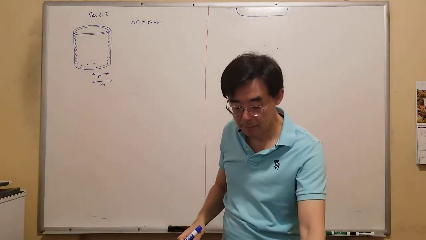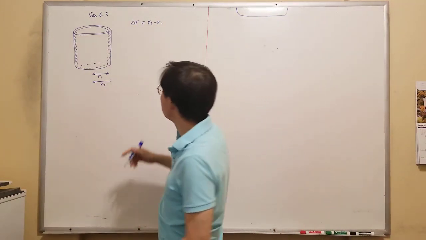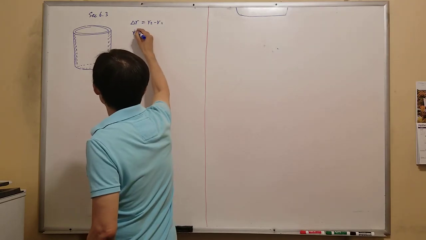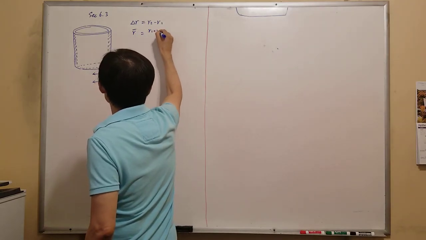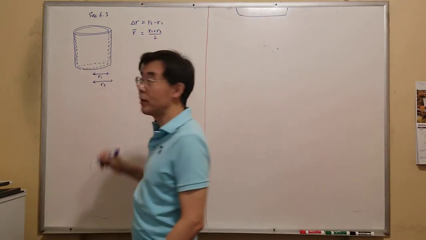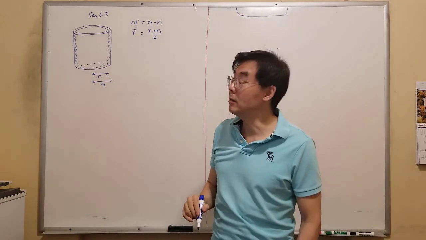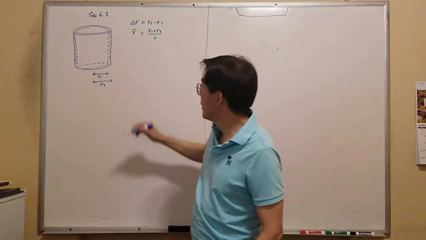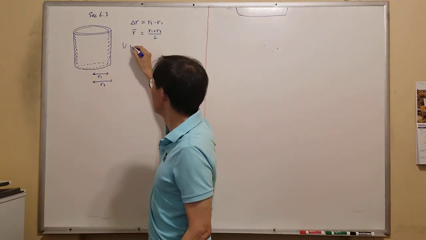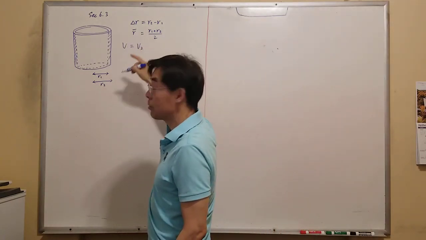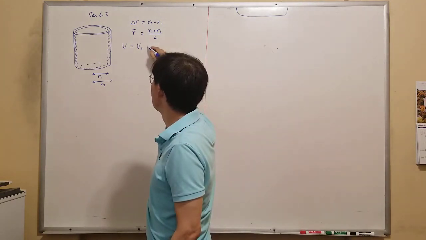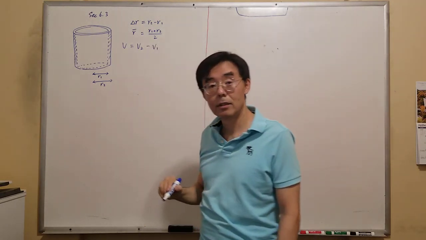Now let's say R bar is the average value of those two radii, so in the middle. Then the volume of this shell is the volume of the outer cylinder minus the volume of the inner cylinder.